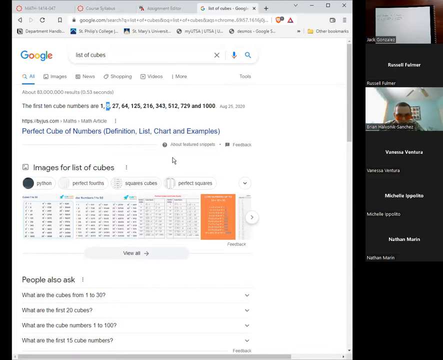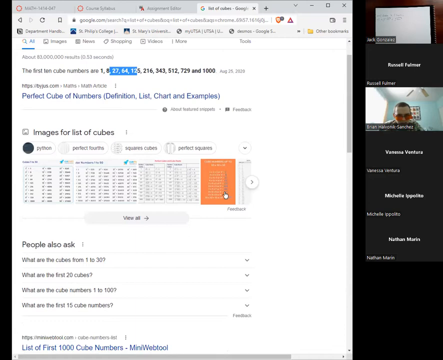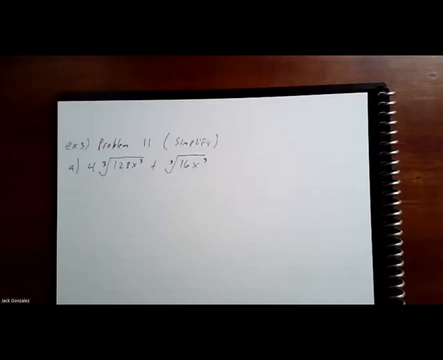Well, of course, 8 is the obvious one, but after 8, I start to forget. But anyway, there's charts for squares, cubes, and so forth. So we had 128. I'm thinking 64 is probably going to be the one we want. So let's use that. For 16, I'm probably going to want to use the 8.